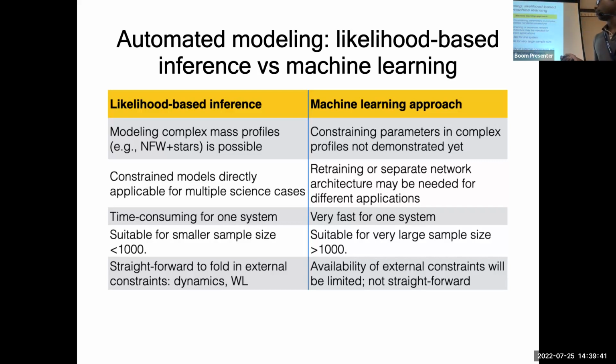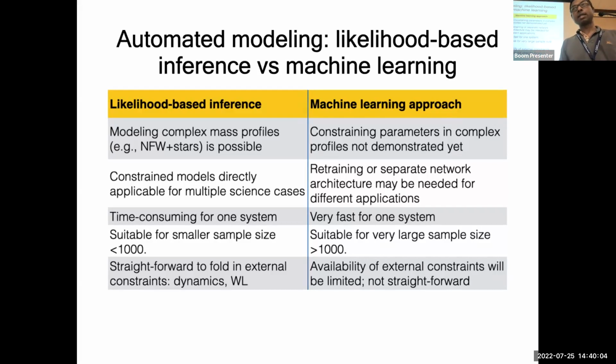Once we have a model constrained in the likelihood-based way, that can be used for many different science applications, but neural network-based applications are very fine-tuned and often for one single science case in mind. If we want to apply the neural network for a different science case, then in many cases retraining or a different kind of network architecture may be necessary.